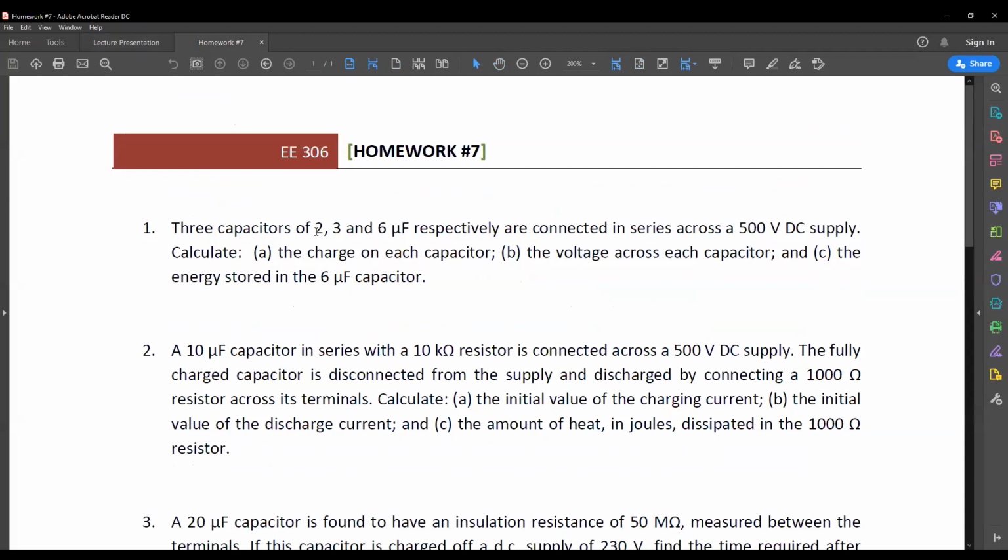If you have 3, you're not going to be able to use the potential divider relationship to compute the voltage on each one, because you have 3 of them now. So it's easier to compute the charge first, and this homework is intended for you to go with the charge first, as a hint. From that charge you compute the voltage across each capacitor, and then the energy in each one will be 1/2 its capacitance times its voltage squared.